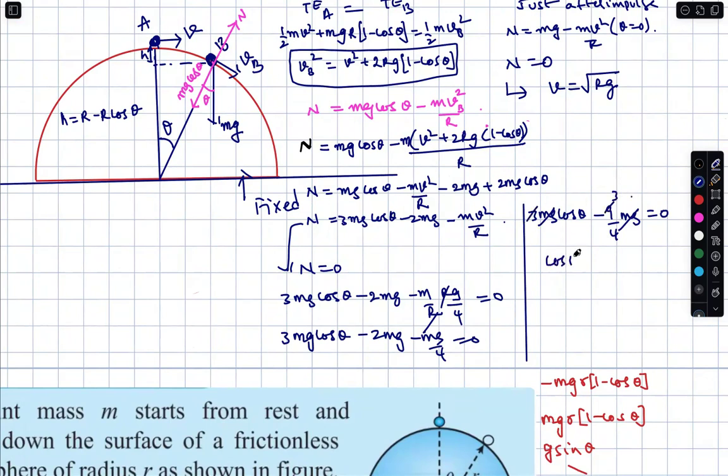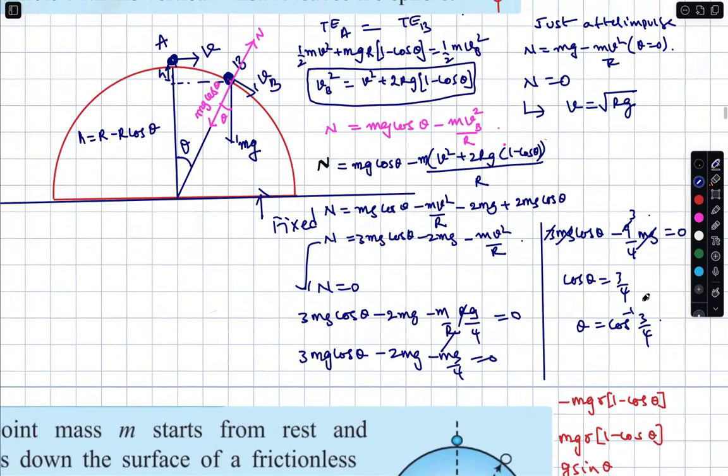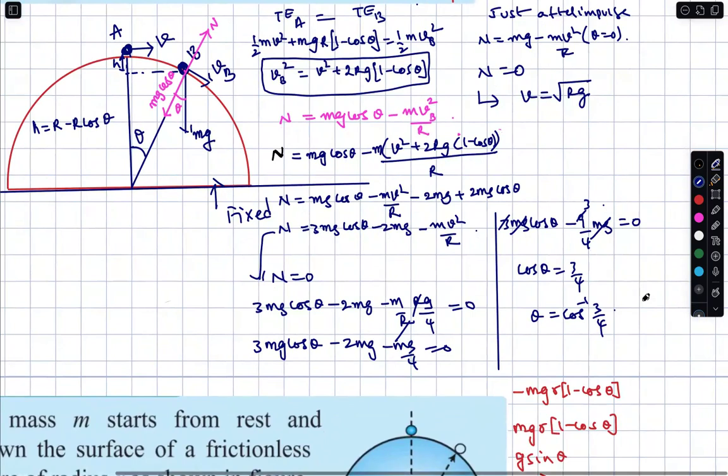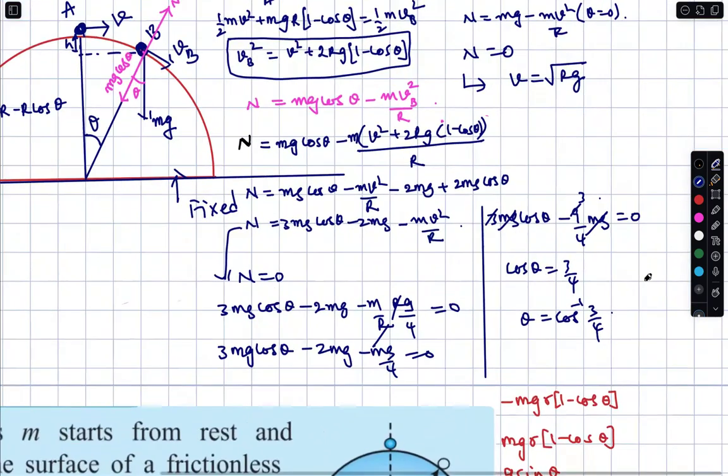So cos theta is 3 by 4. Theta is cos inverse 3 by 4. Suppose if they ask an angle, you should say cos inverse 3 by 4. Otherwise, it is wrong. What you will do, cos theta 3 by 4, you will search for answers. Right. You can ask me, no issues. Free.